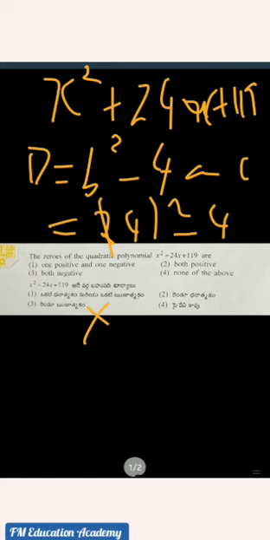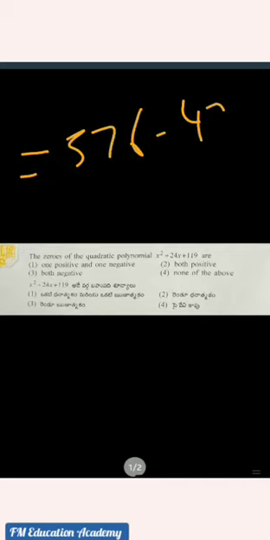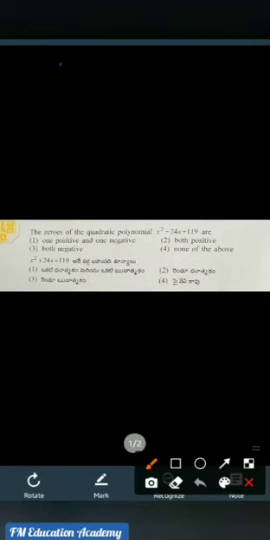What is a here? 1, into c is 119. So it is 24 square is 576 minus 4 into 119 is 476. So 576 minus 476, that is D. So 576 minus 476 is, we know, 100. So we got the value of D as 100.